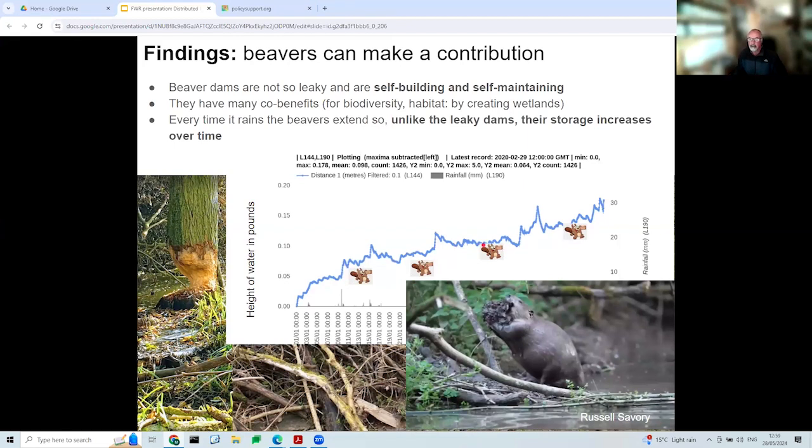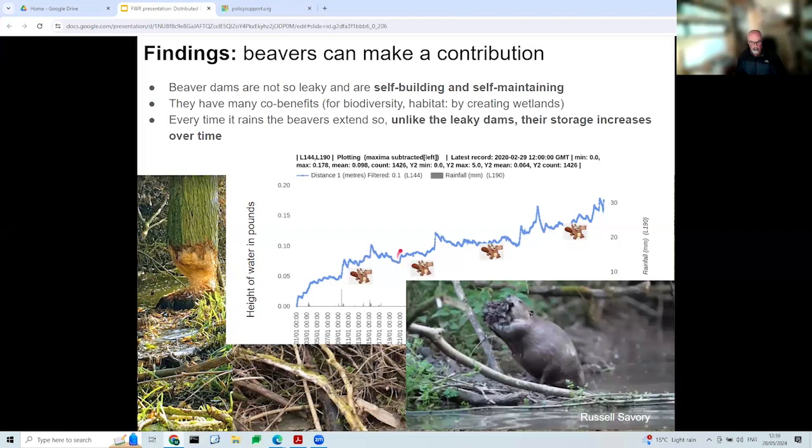They contain a lot of water. They create a wetland, and they have co-benefits in doing that. But every time it rains, the beavers also extend the wetland. And so we saw over a number of years the storage levels increasing both in terms of height and in terms of total volume because of increases in extent as well as height of dams.